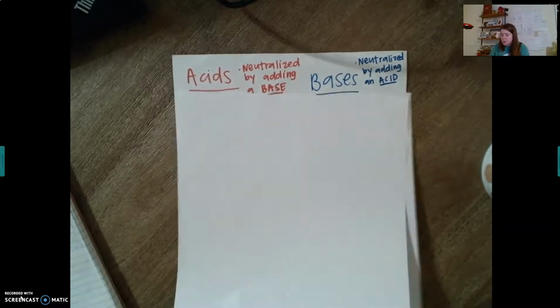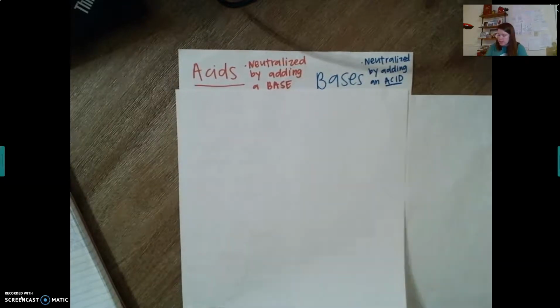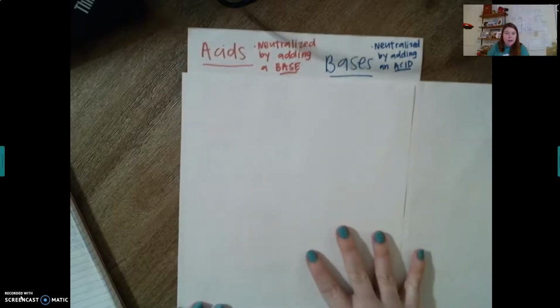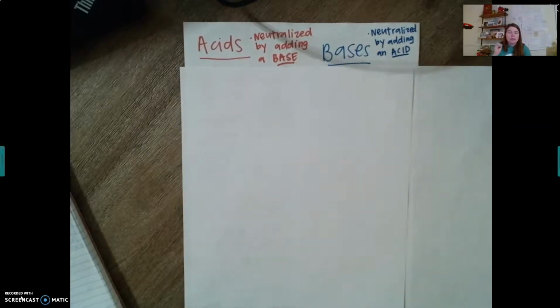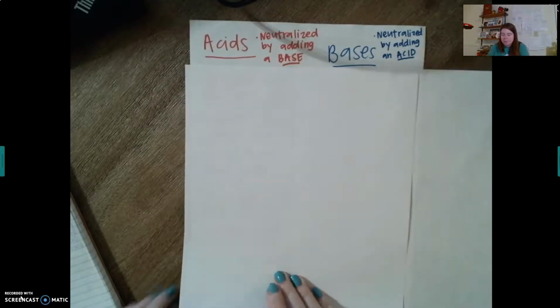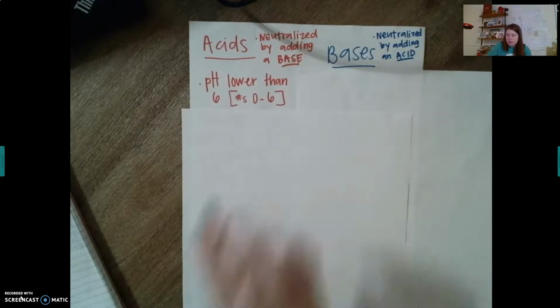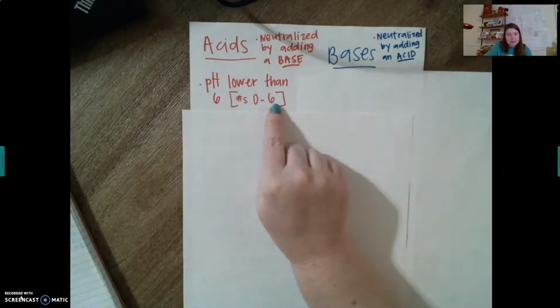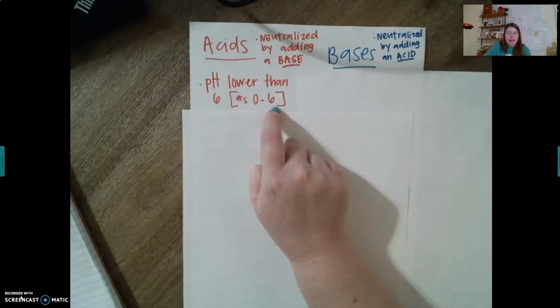So we're going to go down our column about acids first, and we're going to look just at all of the properties of acids that we need to remember when we're considering where I should identify the particular substance I'm looking at. So acids are going to have a pH that's 6 or lower. So numbers 0 to 6 all the way up to 6.9 are going to be considered acids.